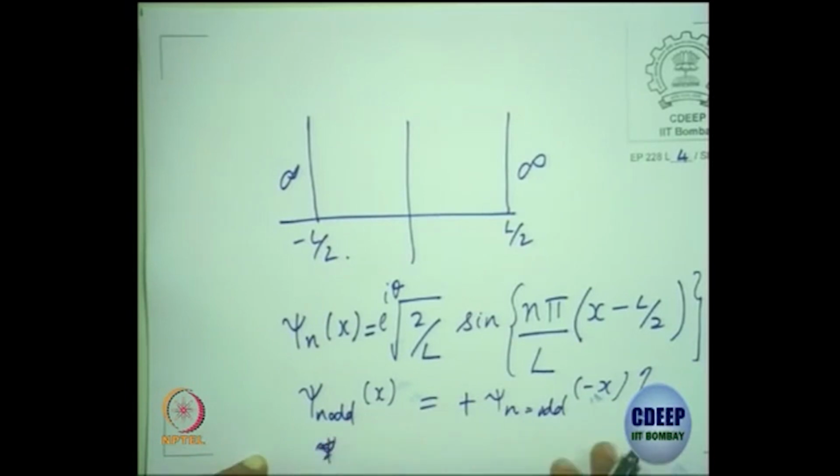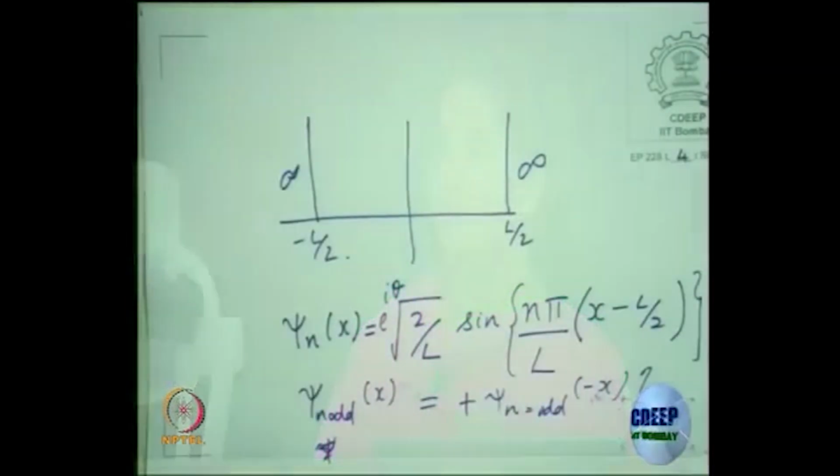So, what does this tell me? What is the ground state? Ground state is n equal to 1, and ground state will be an even function, as I said looking at the harmonic oscillator. The lowest energy state should not have a node at the origin, because if you put a node, then with continuity the wave function will have a slope, the derivative or momentum will become non-zero, and energy will become non-zero.